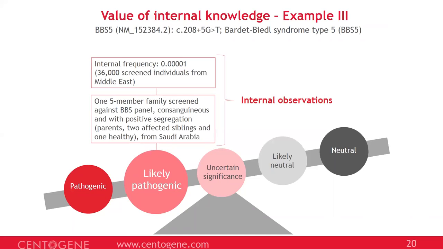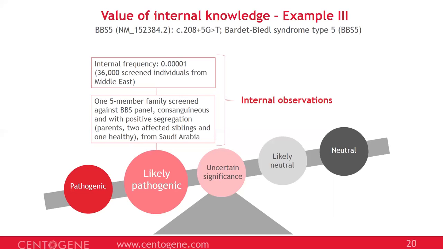What we did first was to check this Middle East population, and we couldn't find this variant in any screened patient who did not belong to this family, even though we screened 36,000 such individuals coming from the Middle East. So the internal frequency is really low.